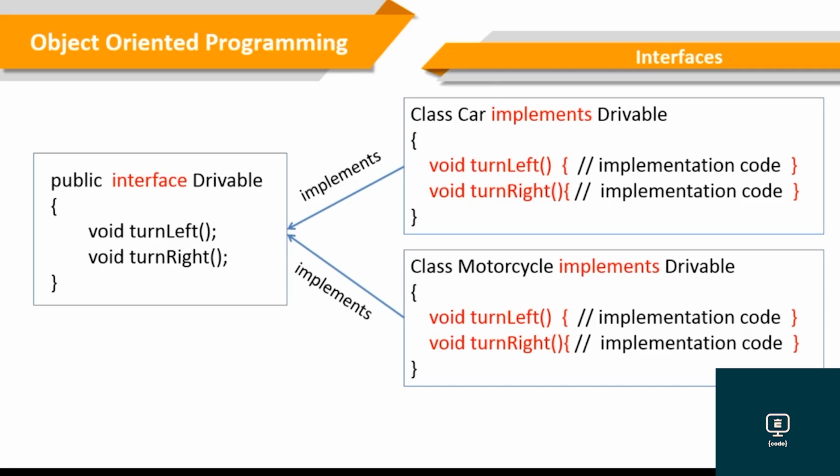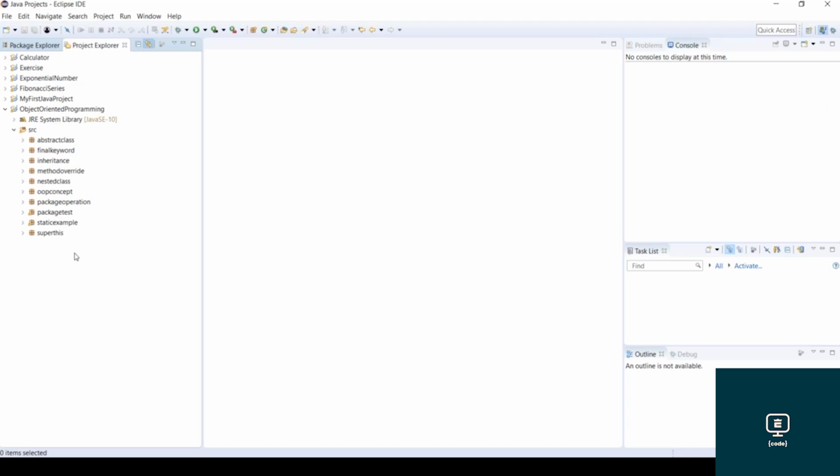So it means that both of the classes can turn left and can turn right. So the turn left and turn right methods must be implemented in the car and motorcycle classes. It's an absolute obligation. All right, so I think that's pretty clear. Why don't we do up some examples with an interface?